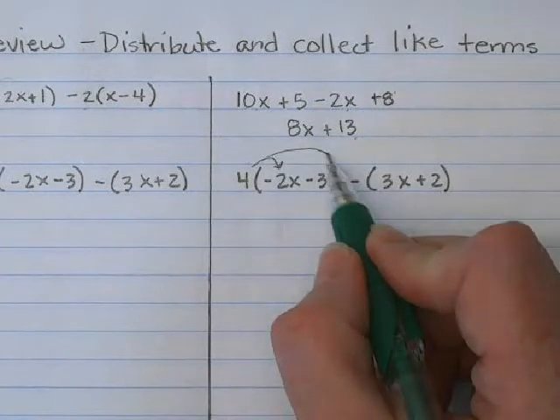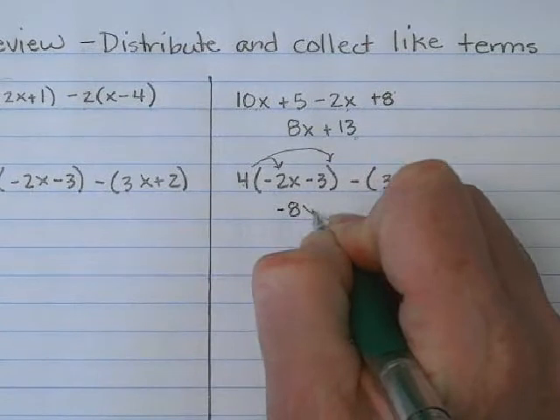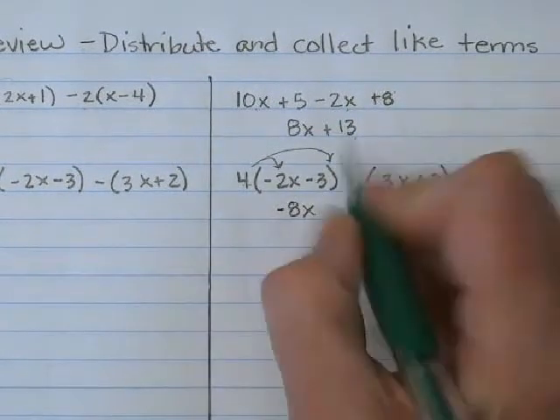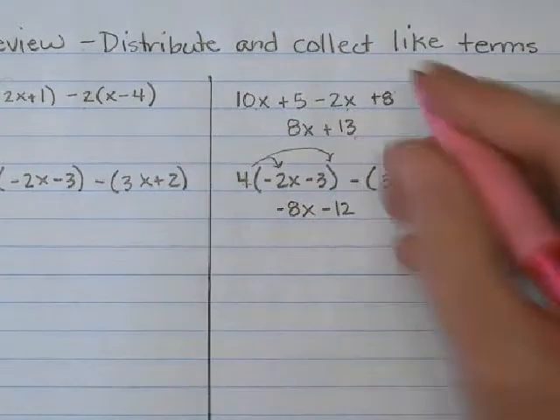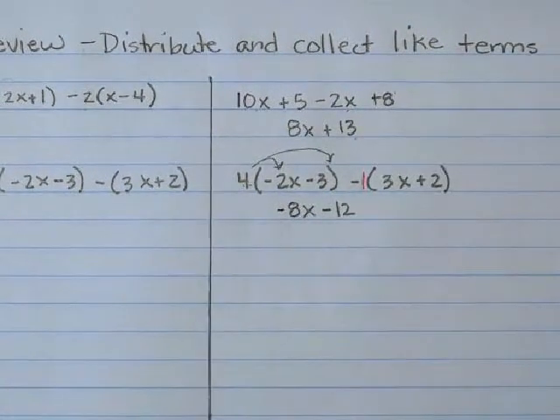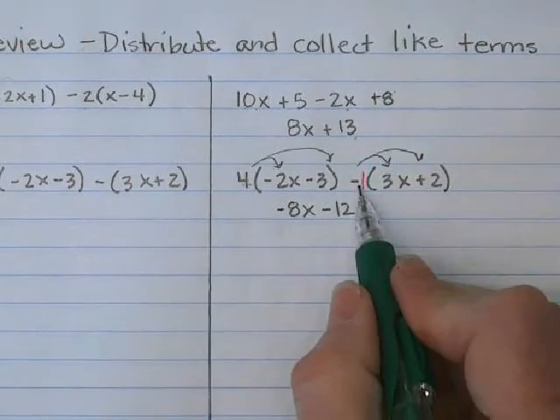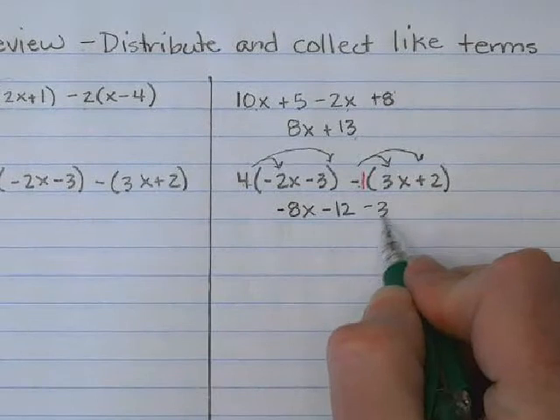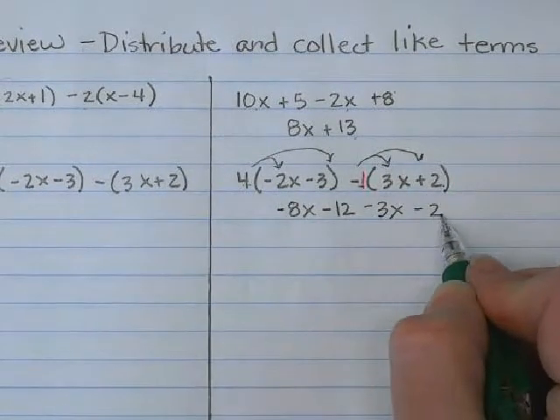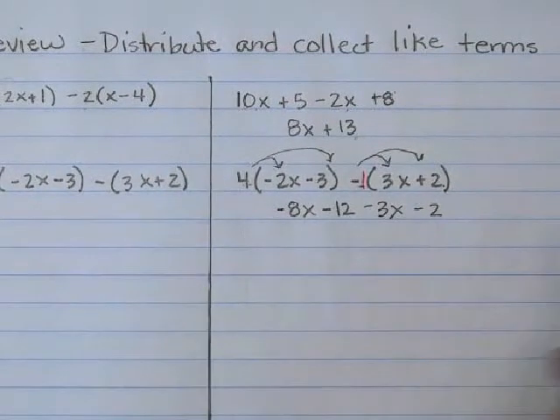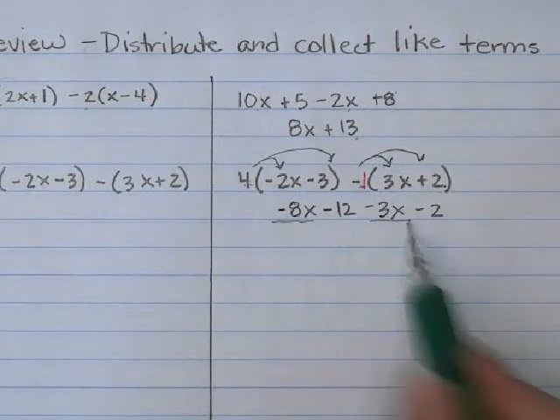So I want you to think, okay, I'm going to go 4 times negative 2x is negative 8x. Positive 4 times negative 3 is negative 12. Okay, this has a little 1 right here, and we're distributing a negative 1. So a negative 1 times 3x is a negative 3x. A negative 1 times a positive 2 is a negative 2. Okay, so now I'm collecting like terms. Negative 8x minus 3x.